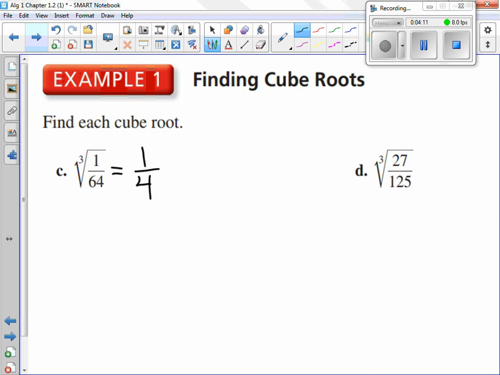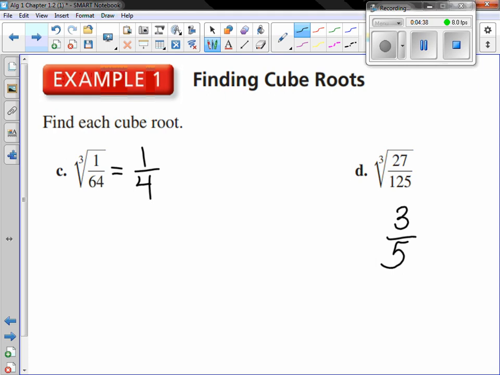Yeah, so that's on the next page. Three-fifths? Yep. Give the next one a try.